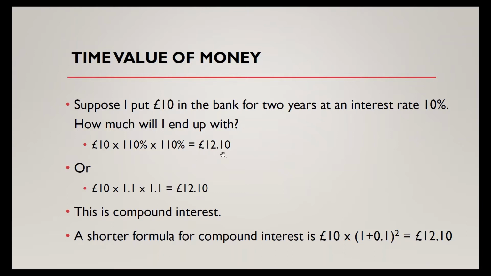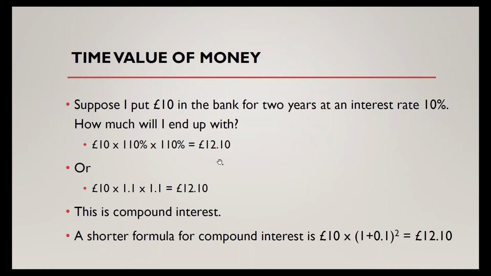The main reason is that in the first year, with a 10% interest rate, this becomes £11. And then when your £11 earns an additional 10%, your interest also earns interest. That's why you will end up with £12.10 instead of just £12.